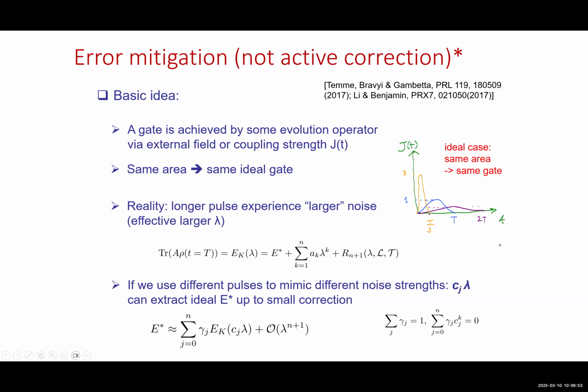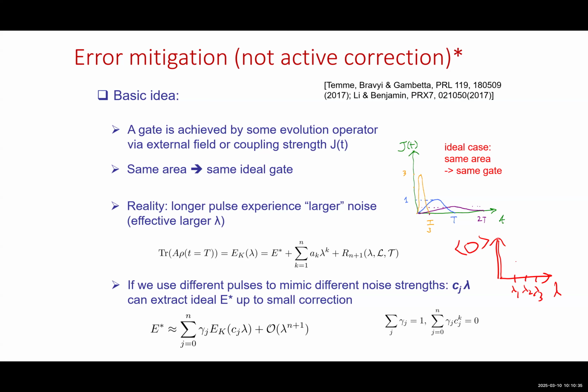And so in the experiment you could see that they usually make a plot like that. This will be the strengths, let's say gamma one, gamma two. Okay, let me use lambda. Let's say this is lambda one, two, three, and this is the observable.